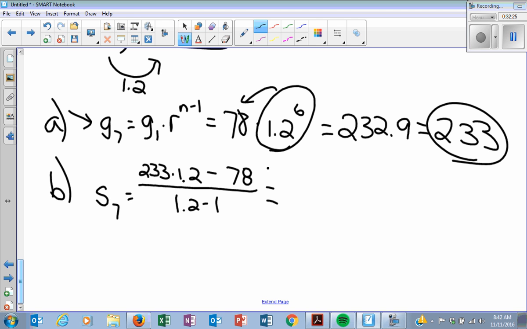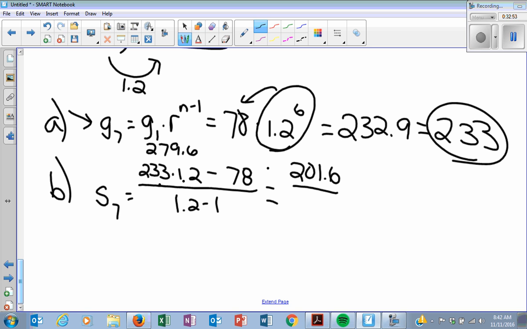So on the top, I get, can someone hit this in the calculator for me? 233 times 1.2? 279.6. Leave that in the calculator. Don't round. Minus 78. 201.6.